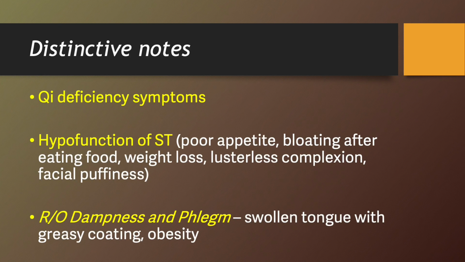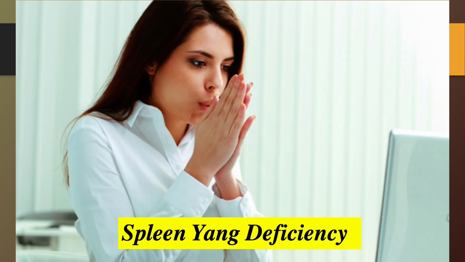The distinctive points of this pattern include qi deficiency symptoms and hypofunction of the stomach, such as a poor appetite, bloating, especially after eating food, diarrhea, weight loss, a lusterless complexion, or facial puffiness. In addition, dampness and phlegm need to be excluded, such as a swollen tongue with a greasy tongue coating and obesity.